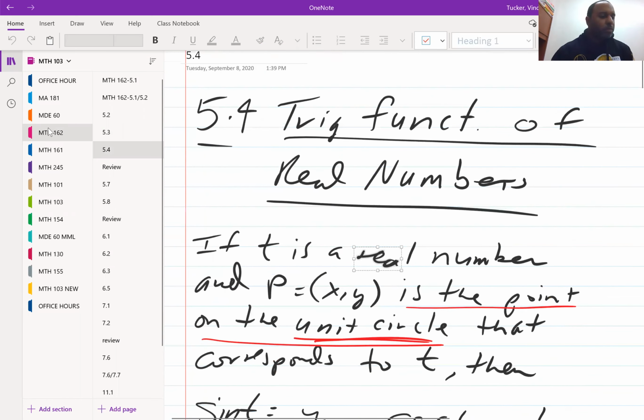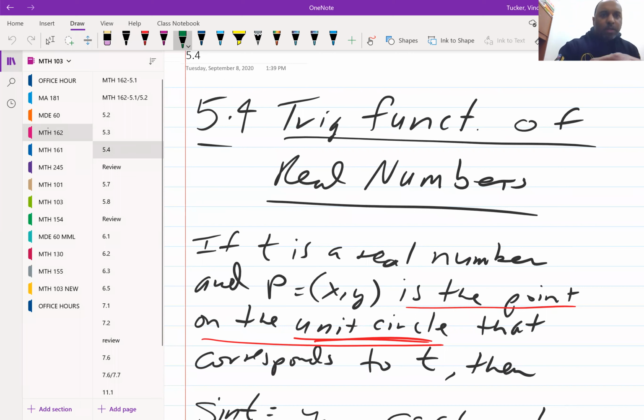All right, so let's look at 5-4 today. Okay, so 5.4 trig functions are real numbers.